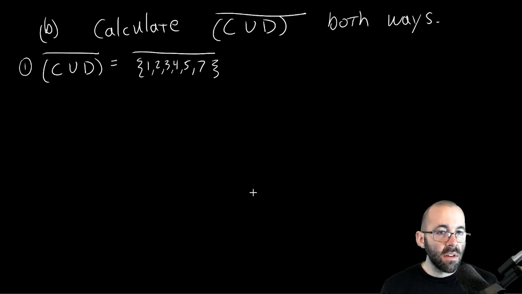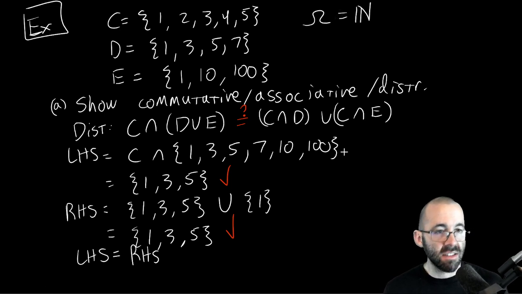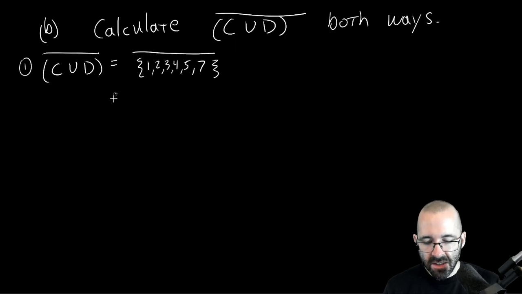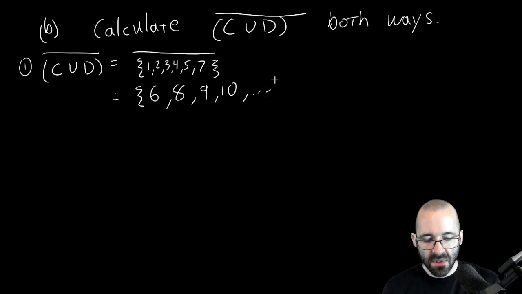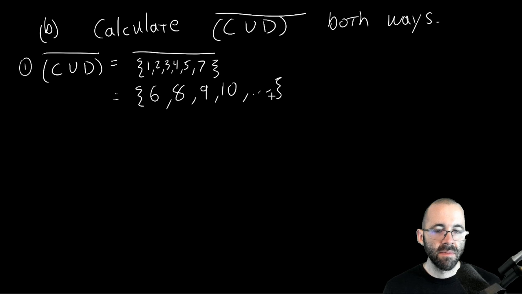Now the total complement of that is everything that's a natural number, everything that's in omega. I didn't specify it, but omega is going to be N just like last time. What are all the natural numbers that are not in this set? Well, 6, 8, 9, 10, and every other natural number in that direction.